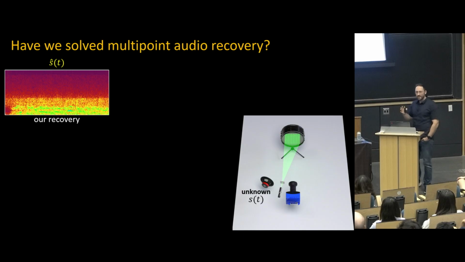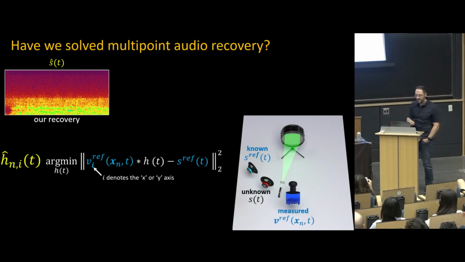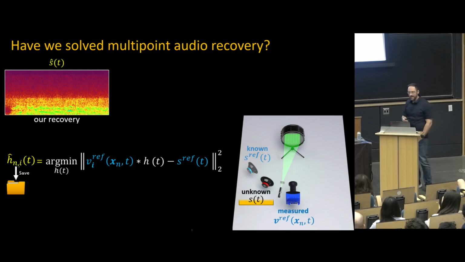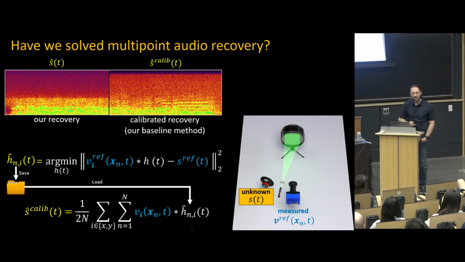Okay, so have we finally solved the multi-point sound recovery problem? To answer this question rigorously, we also developed a calibrated recovery baseline that uses a known reference sound in the scene to directly compute the filters that map the scene sound to each laser point. And then once we have these filters, we can recover a kind of best case scenario for new unknown sounds.